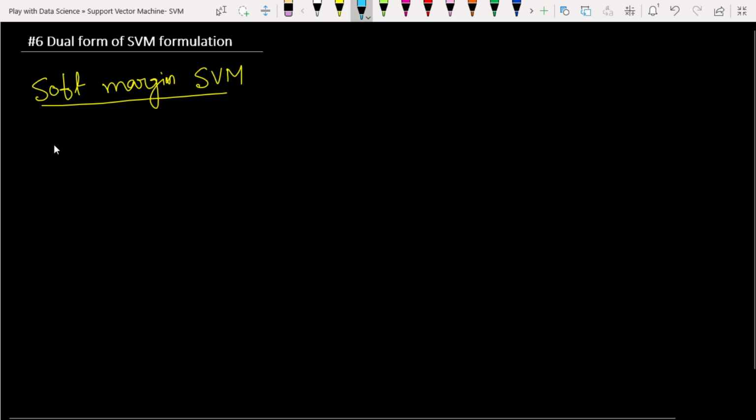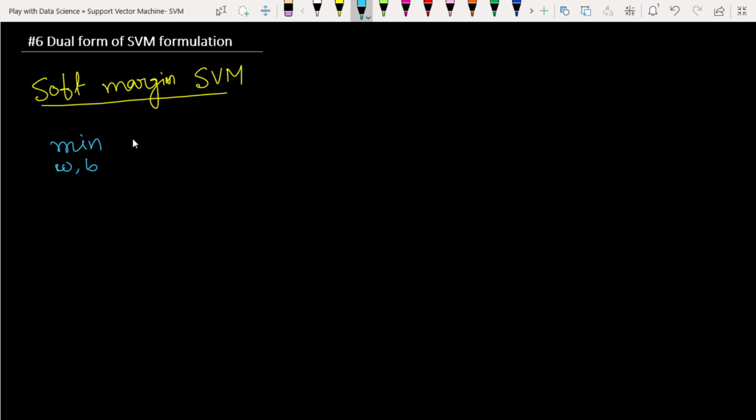In soft margin, we have to find the minimum over all w and b of half of the norm of w squared, plus C, which we call a hyperparameter, times the summation over all zeta i. N is the number of data points in our training data set. This zeta is simply the distance from the correct hyperplane to the misclassified point.